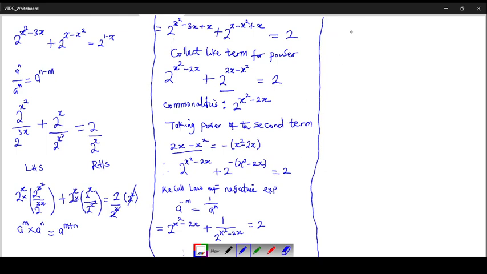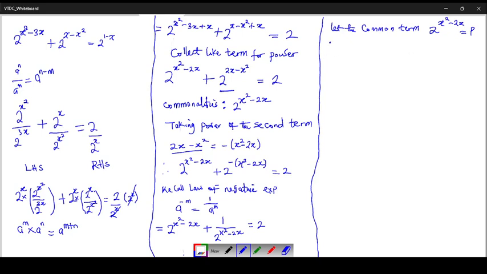So I could say, looking at the commonalities, let the common term, 2 raised to the power of (x² − 2x), be equal to p.